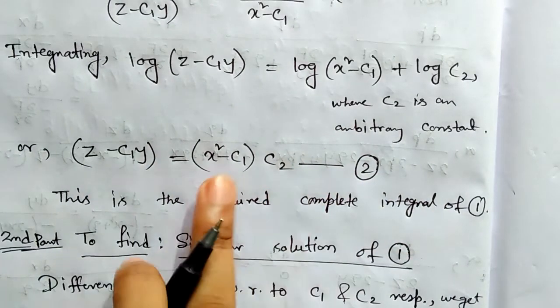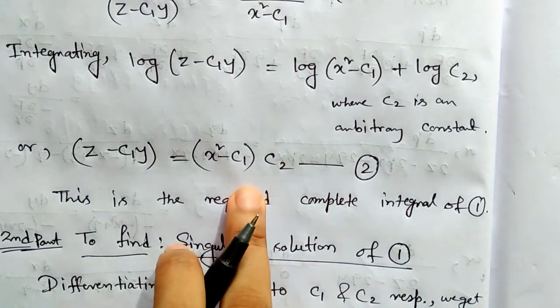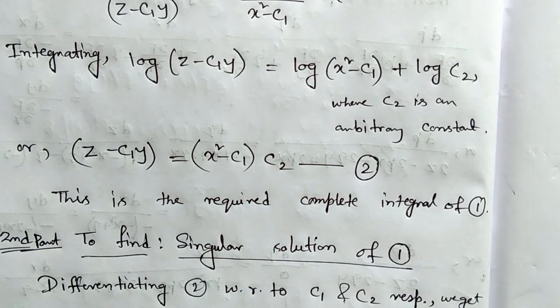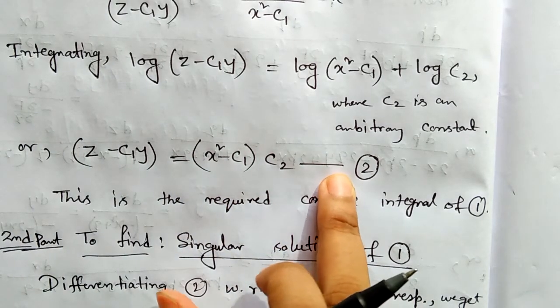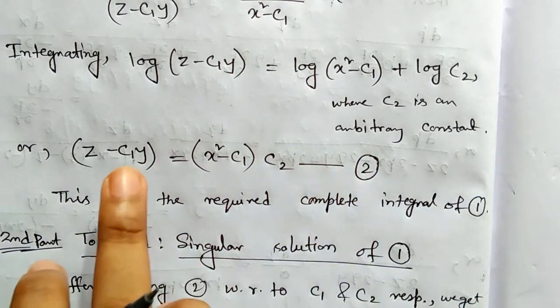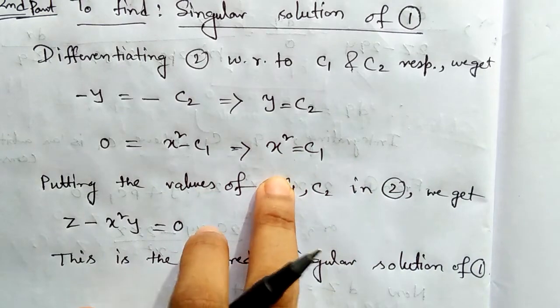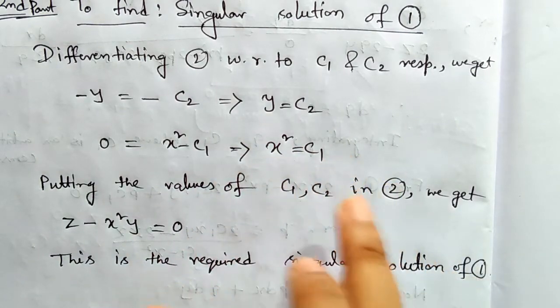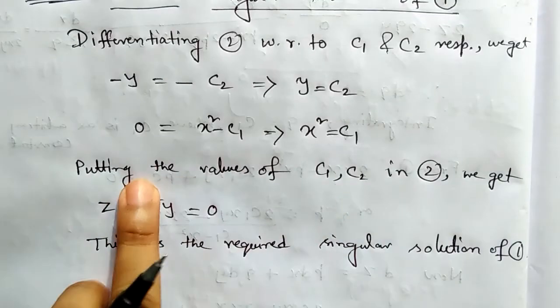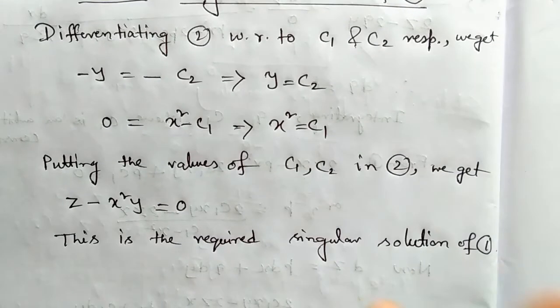So in this way we find the complete integral of the given PDE, and then differentiating equation 2 with respect to the arbitrary constants, that is c1 and c2, we find these values and then substitute them in equation 2, we get the singular solution.